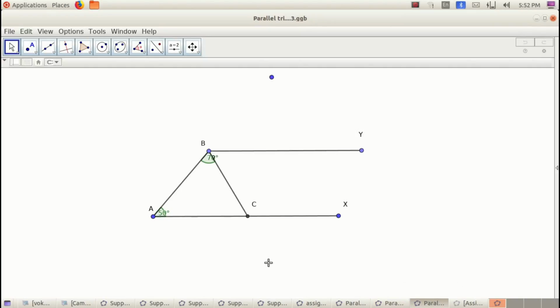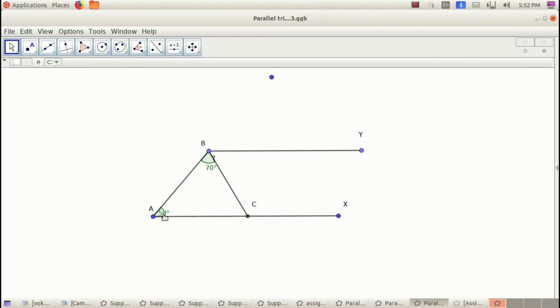Then move to the next figure. What is the change here? Here we drew a slanted line named BC with the measurement of 70 degree. Here we can see the measurement 70 degree.